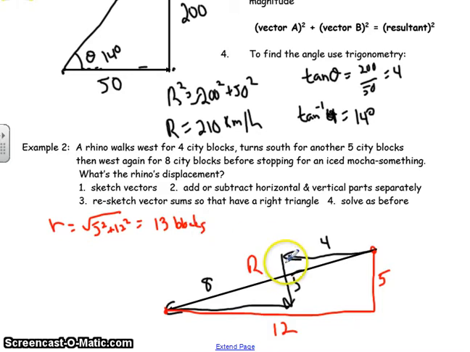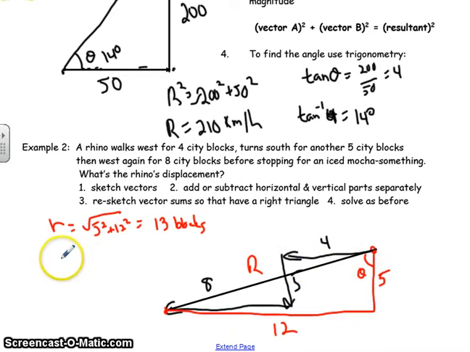All right, and then we need the angle. The angle again is measured from the beginning of the resultant vector, so it's this angle right there. And we can see that this vector is pointed in the southwest direction. But our reference vector here, this vertical one, is in the south, so this is going to be west of south.